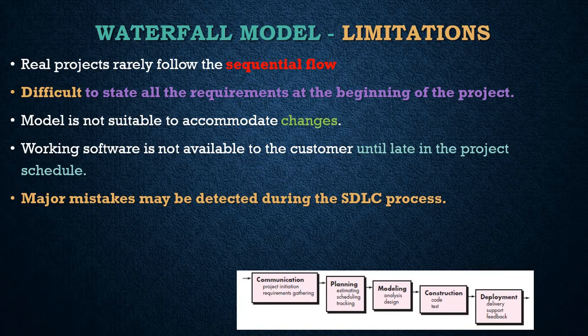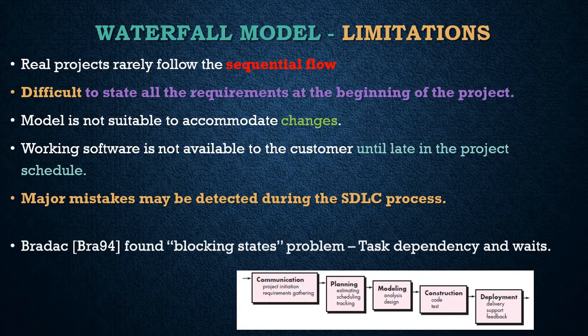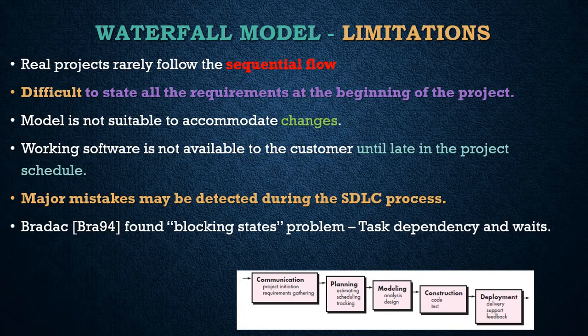In an analysis of real projects, Braddock found that the linear nature of the classic life cycle leads to blocking states, in which some project team members must wait for other members of the team to complete the dependent tasks. For today's fast-paced software work, and a never-ending stream of changes to features, functions, and information content, the Waterfall model is often inappropriate for actual software development.